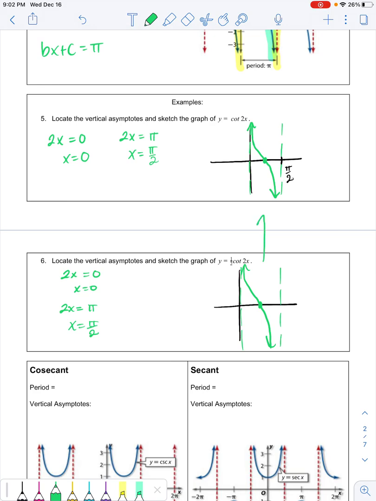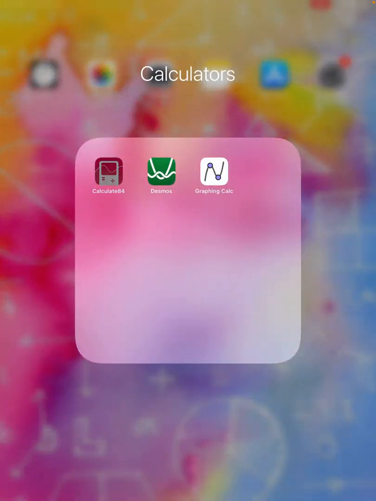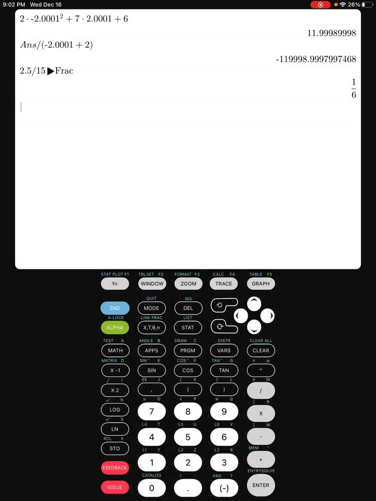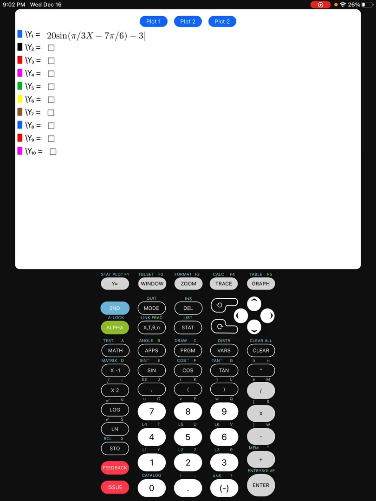But again, what I'm going to do here is compare it to this number 5, and to show you that, I'm going to turn to my calculator. Now first and foremost, when we're graphing on our calculators, we only have the sine, cosine, and tangents, as well as their inverses. We do not have their reciprocals.